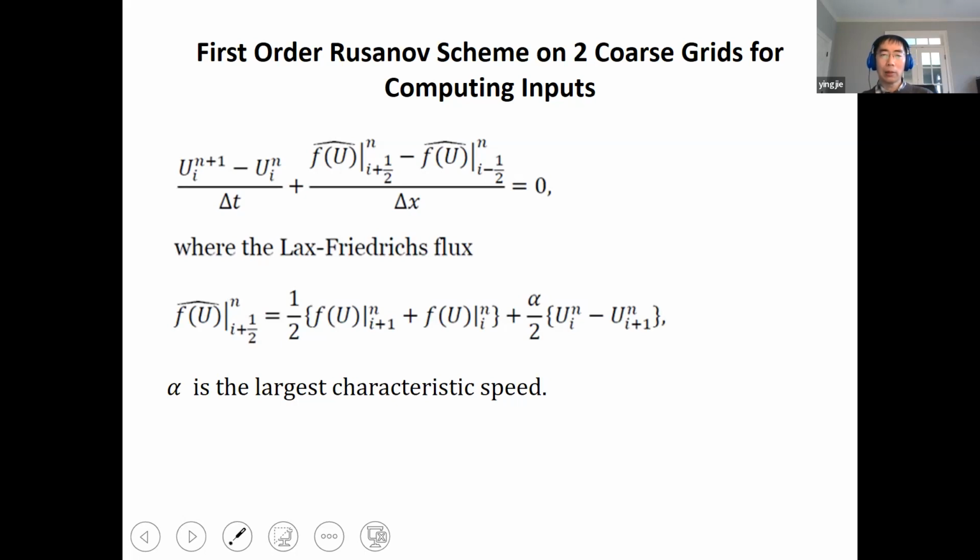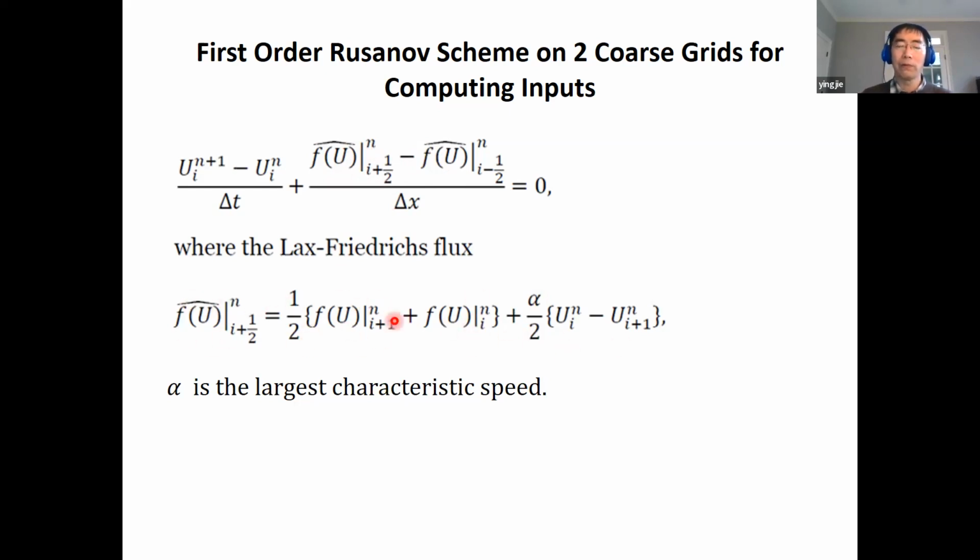All right. Now let's mention the scheme used for computing the input. We use very simple first order schemes. What's the simplest first order scheme? Well, the Rusanov scheme is very simple. We just discretize the solution's time derivative and the flux derivative, and for the fluxes you can use the so-called Lax-Friedrichs flux.